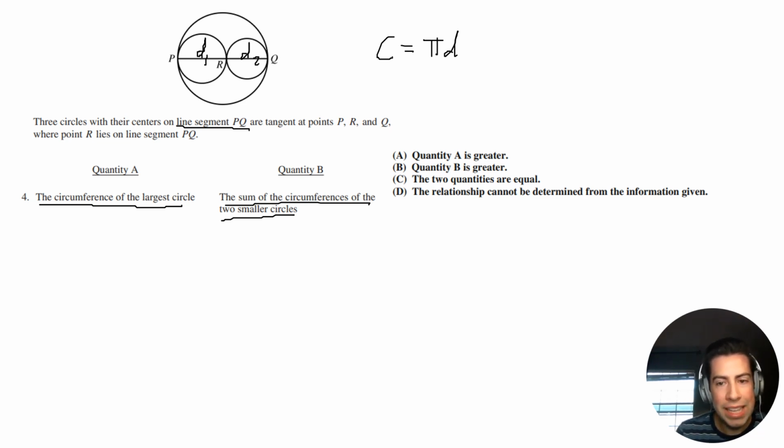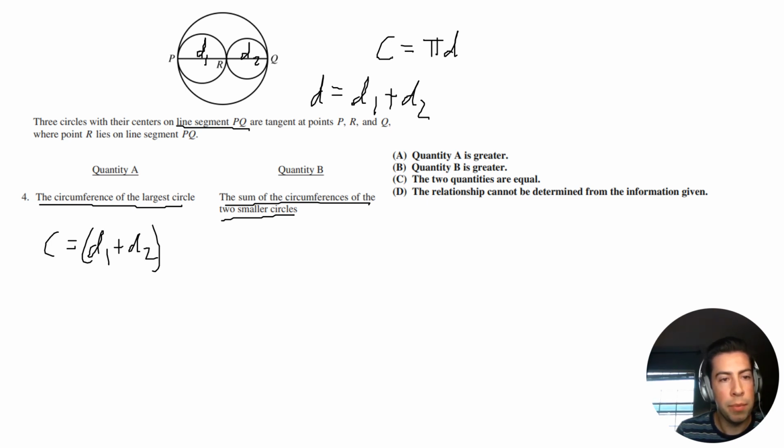What that means is that the diameter of the large circle is going to be equal to the diameters of the 2 smaller circles. So with this in mind, I'm going to write out the equation: C equals D1 plus D2 multiplied by pi.